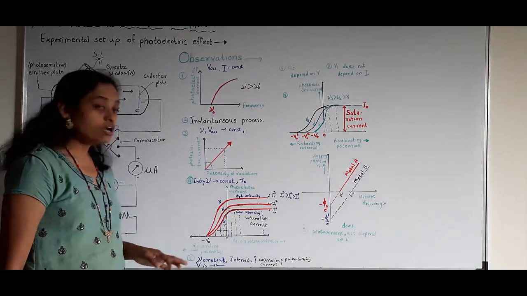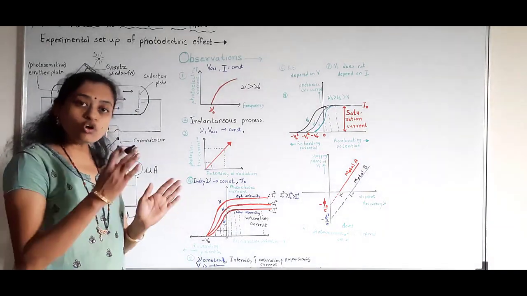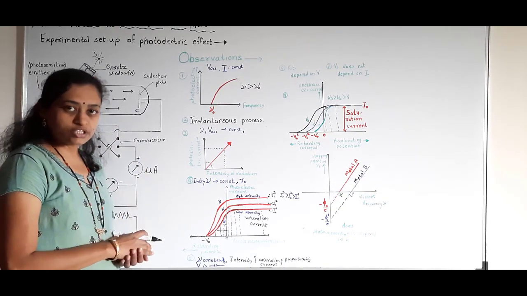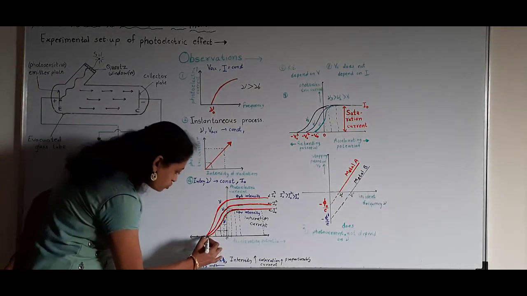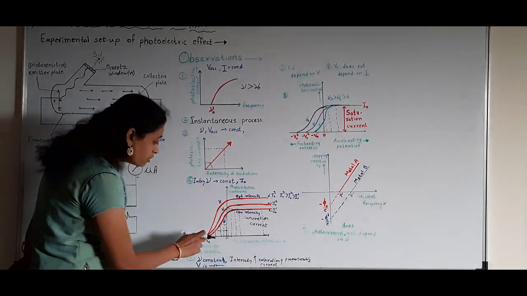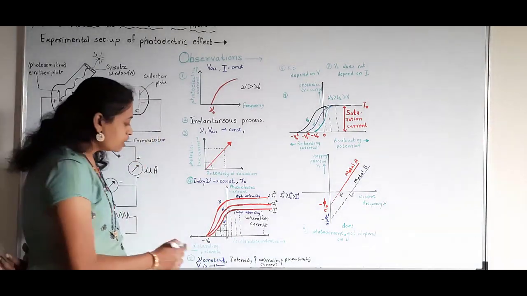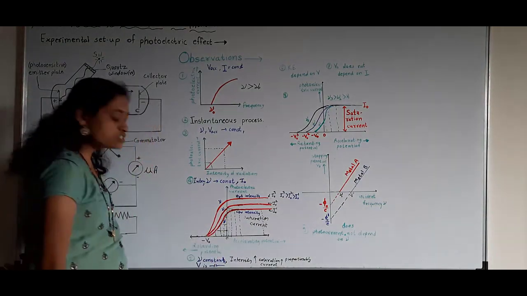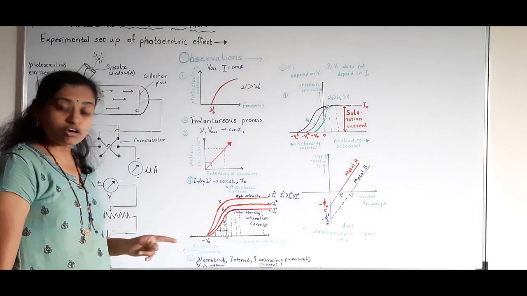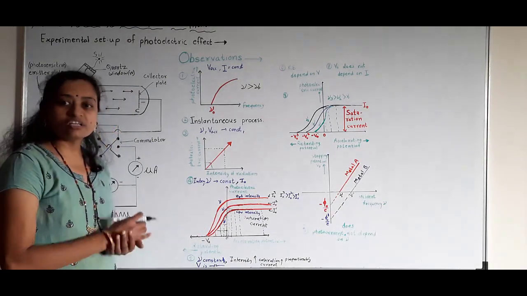V0 is called the cutoff potential or stopping potential, or also the critical potential. At this V0, even if we change the intensity, V0 is constant, meaning the value of V0 does not change. Therefore, V0 is the indication of energy.